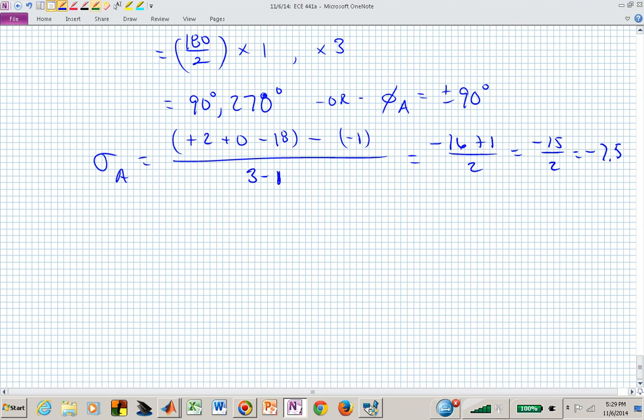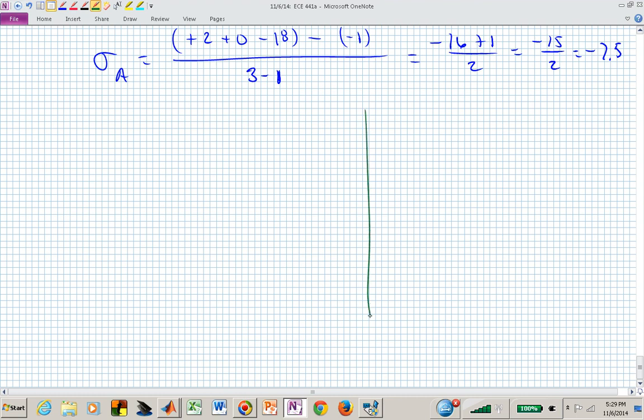And now we have a picture that looks similar to what we have already drawn for the earlier pattern. It's just now this pole, the third pole, over there in the left half plane is a little bit further away than it was in the previous system.